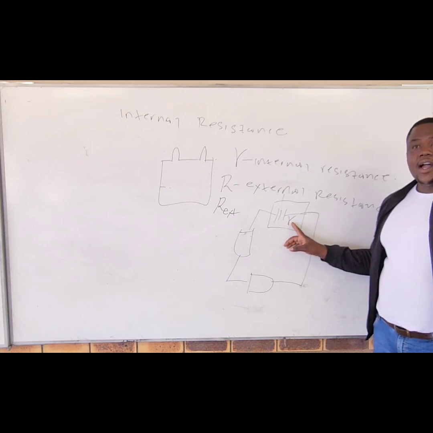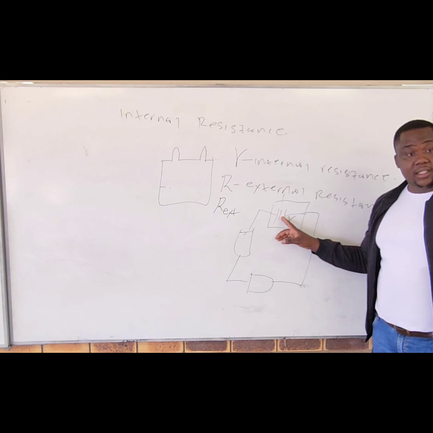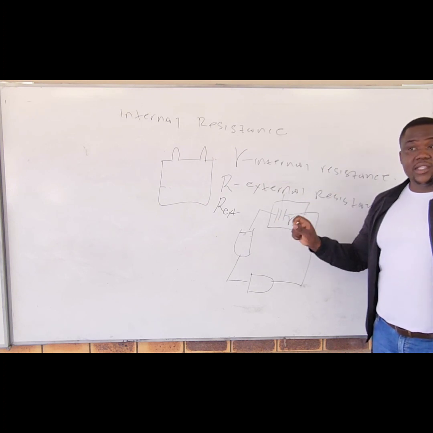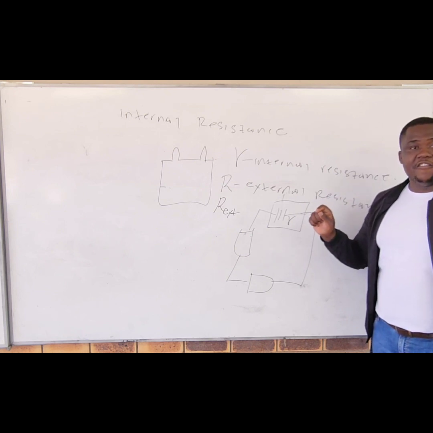Although they write it outside of the battery because this is just a representation, you need to know that this resistance is inside the cell of the battery, and it causes the battery to lose some of its energy in the form of heat.